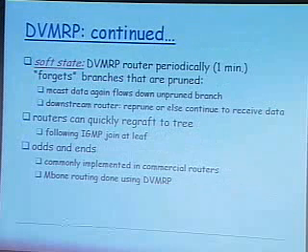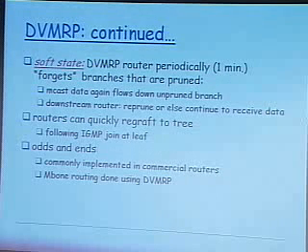DVMRP is also soft state. So the pruning itself is soft state. The soft state that works in DVMRP is kind of the inverse of the soft state that works with IGMP.